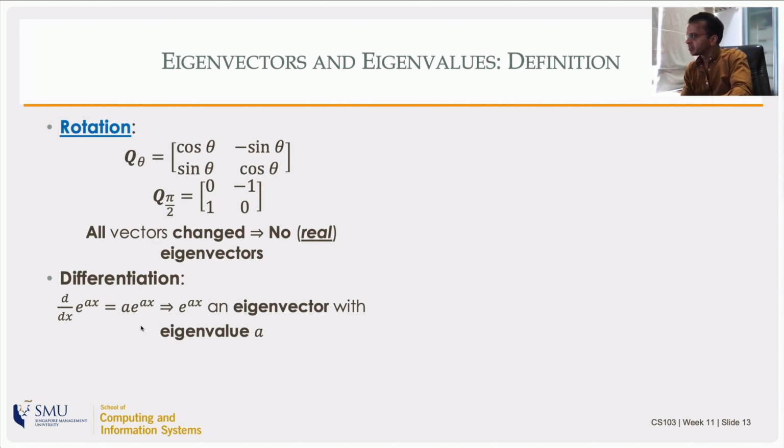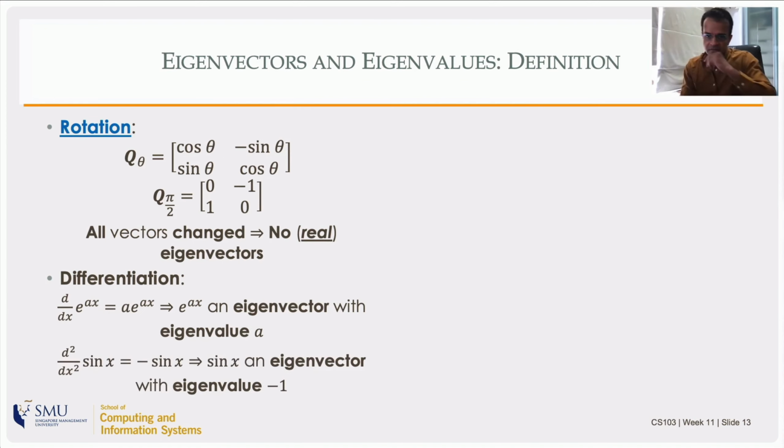If you differentiate it, a just comes out, and what you get is a times e to the power ax. So that function as a vector is an eigenvector of this differentiation operator with the eigenvalue a. Similarly, if you think of the second derivative of a trigonometric function like sine x, it is just minus sine x, so you get sine x back with an eigenvalue minus 1. So sine x is an eigenvector of the second derivative with an eigenvalue minus 1.